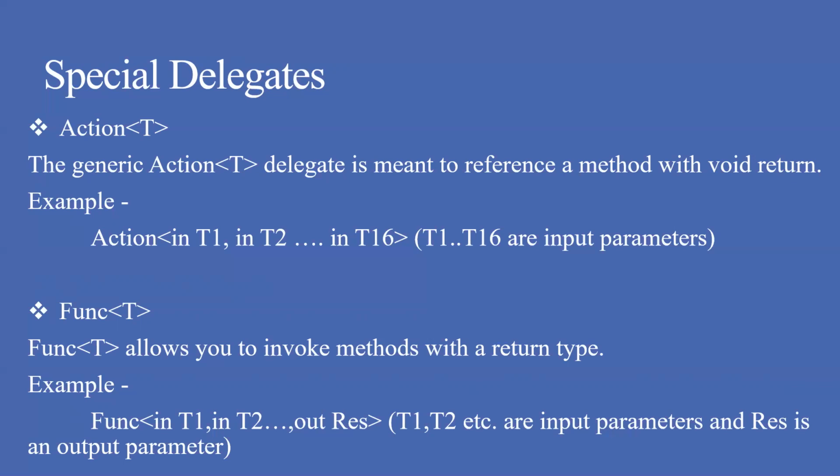The difference is that Action and Func are both generic delegates, but Action does not return any value; it has a void return type, while Func always has a return value.